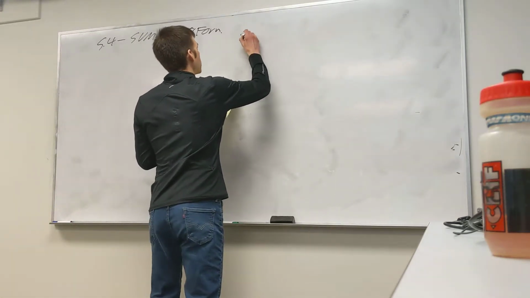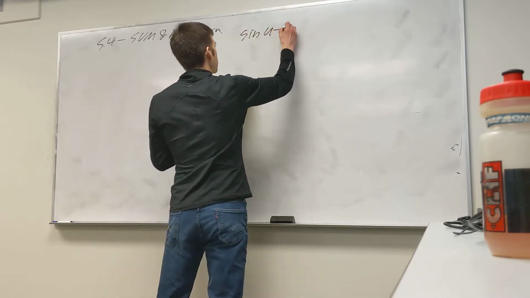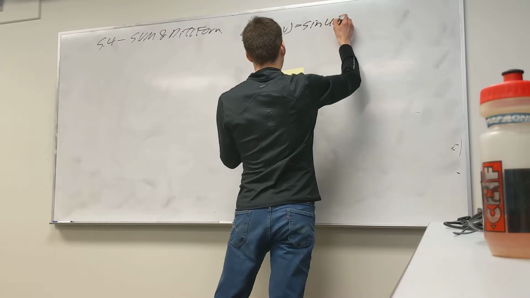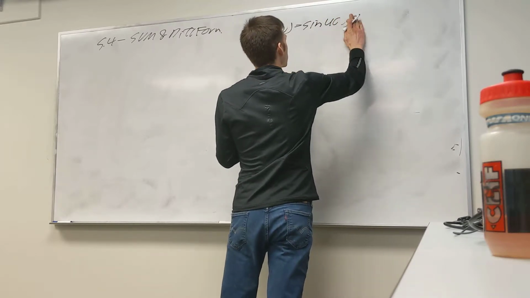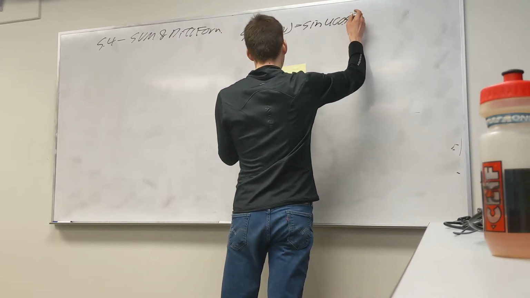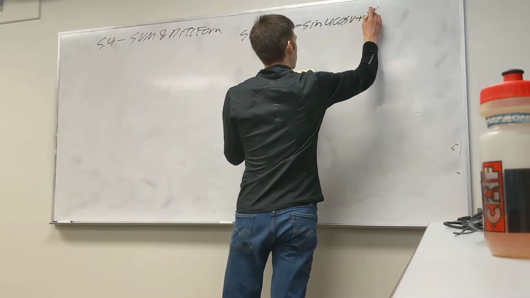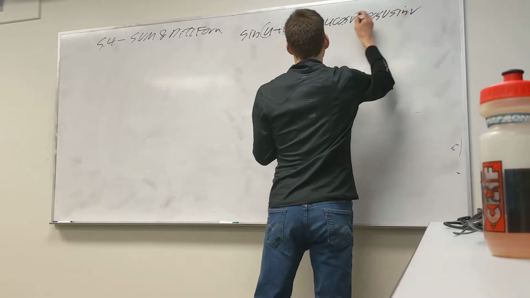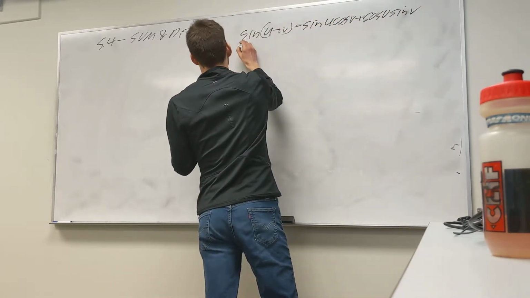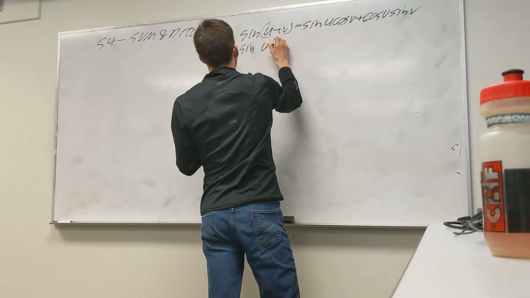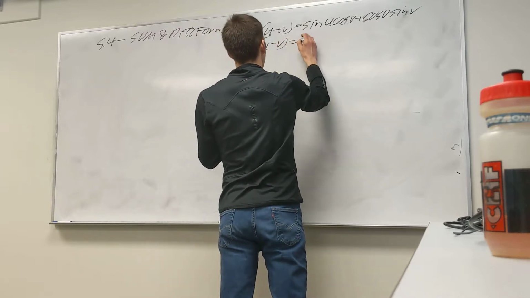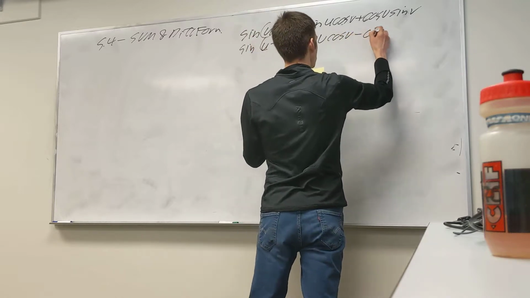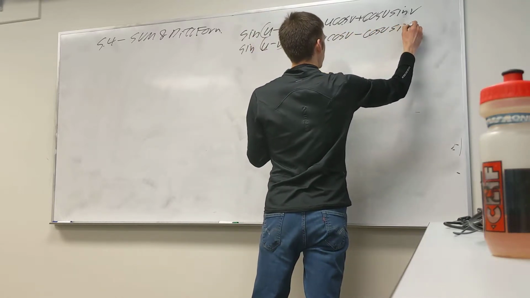I'll just say the sine of u plus v equals the sine of u cosine of v plus cosine u sine of v, and then the sine of u minus v is the sine of u cosine v minus cosine u sine v, right?